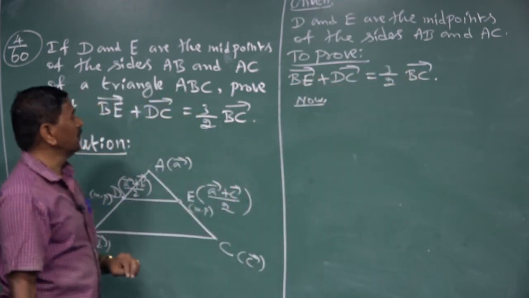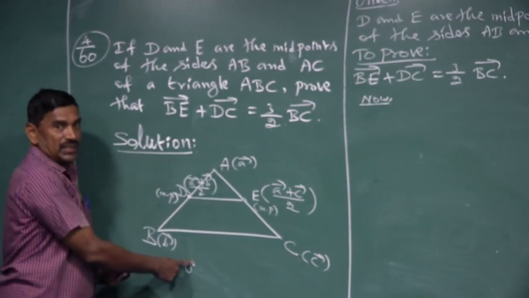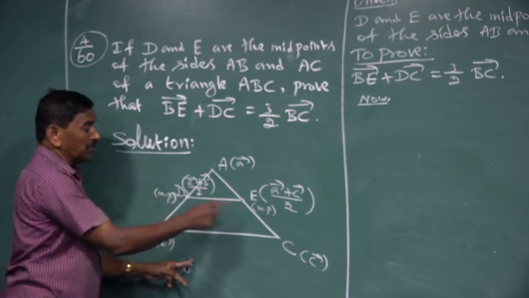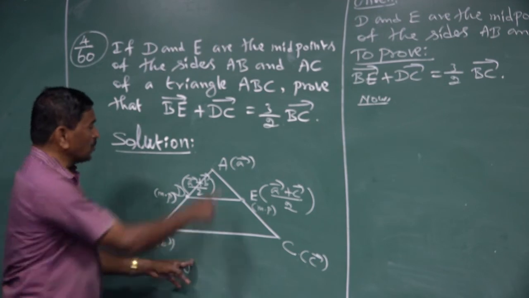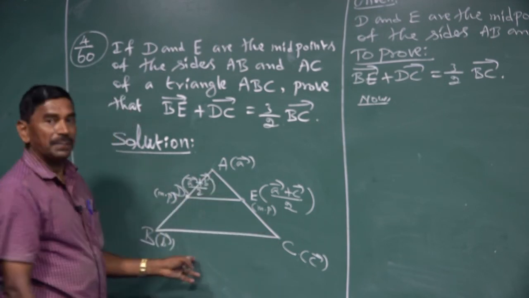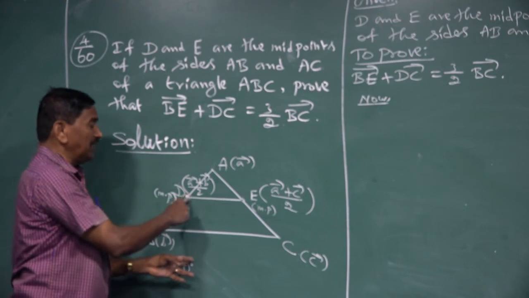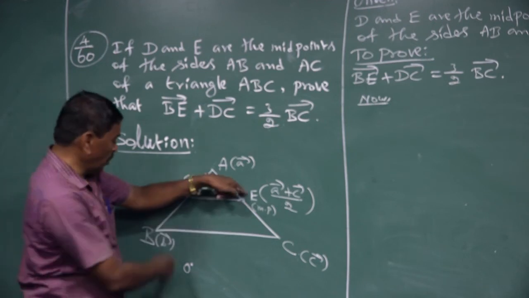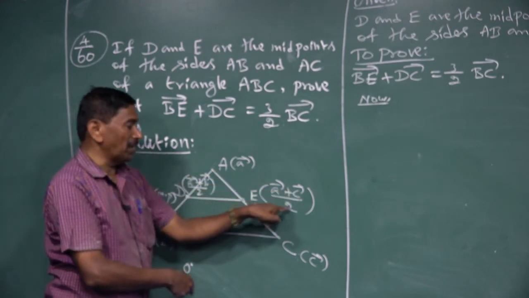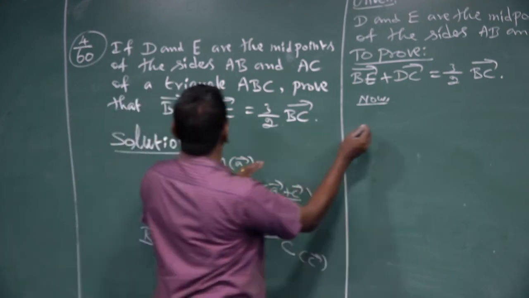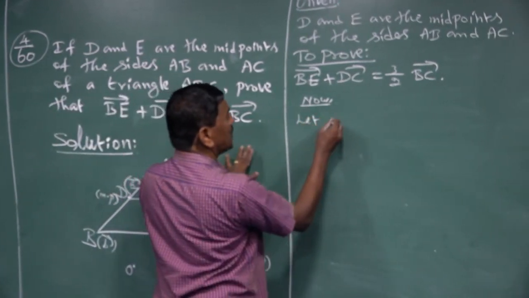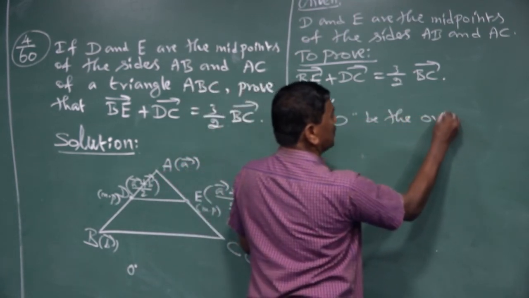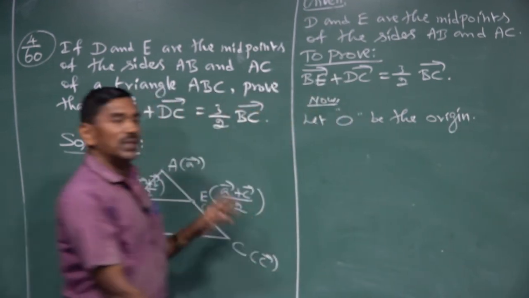Now, let O be the origin, and the position vectors of A, B, C are small a vector, small b vector, small c vector. And the position vectors of D and E, that is OD vector is equal to a vector plus b vector by 2, and OE vector is equal to a vector plus c vector by 2. Let O be the origin.